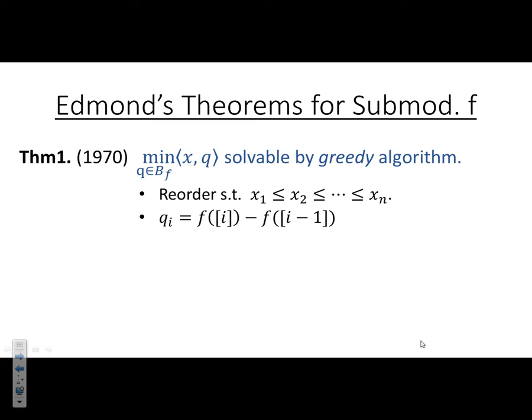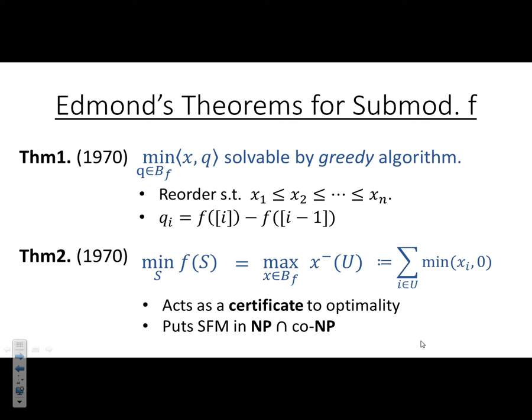So linear optimization is easy on the base polytope of a submodular function, and more importantly, how it's connected to submodular function minimization is this minimax relation. It says that for any submodular function, the minimum value, which is the thing you're interested in, is equal to this: x^- just takes the negative components of the vector x, with the positive components brought to 0.